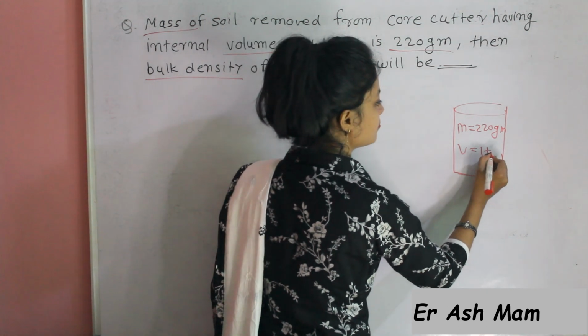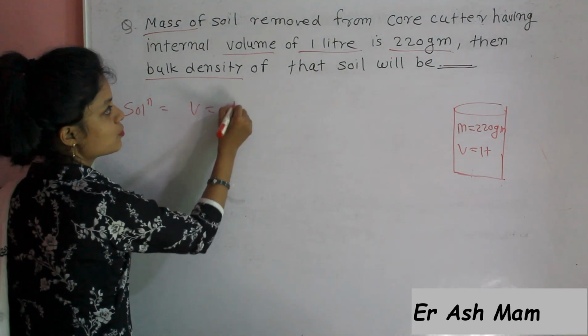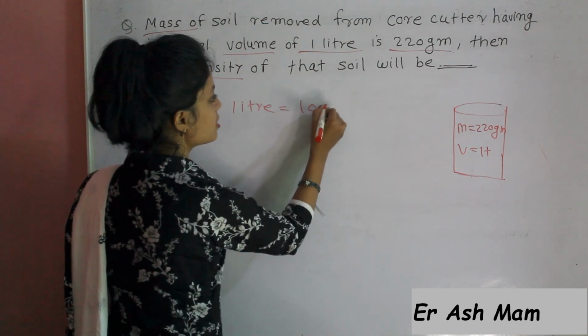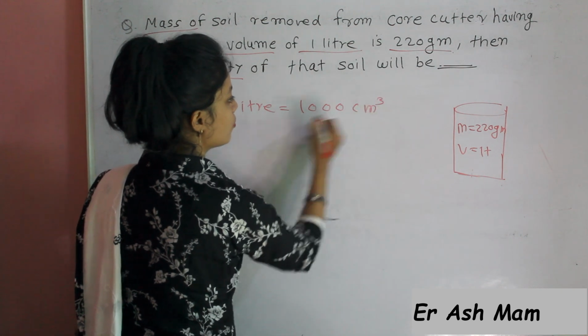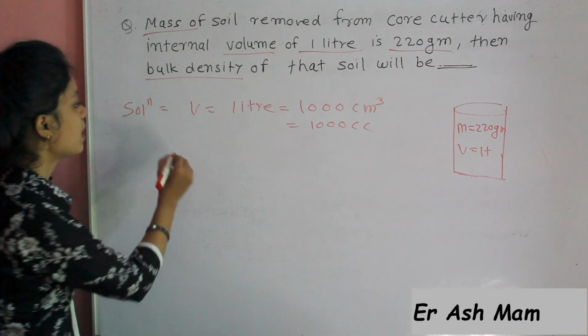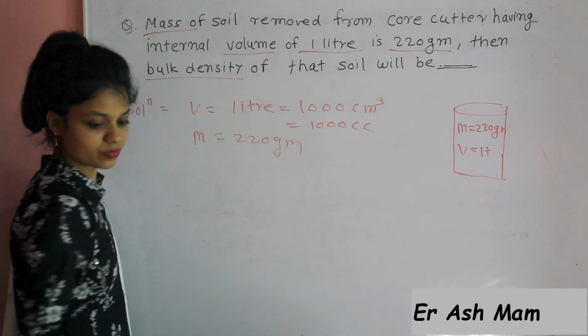Solution. Volume equal to 1 liter. We know that 1 liter equal to 1000 centimeter cube or 1000 cc. Mass equal to 220 gram.